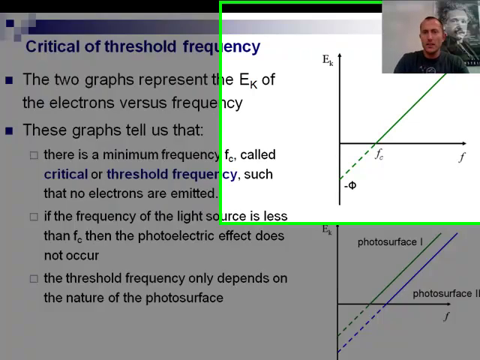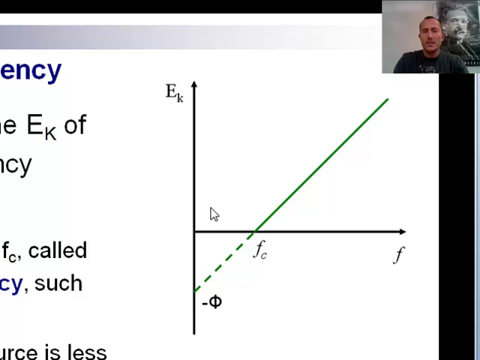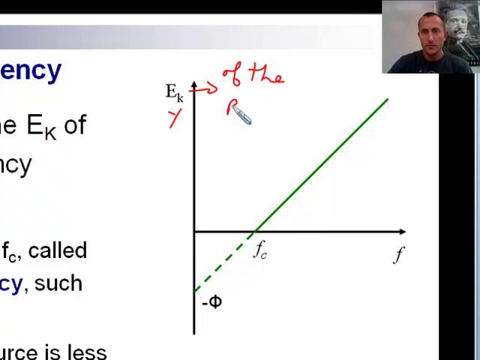And if we look at these graphs on the right, specifically this top one, we have a graph of kinetic energy versus frequency. And this kinetic energy on the y-axis is the kinetic energy of the photoelectrons. What you can see from the graph is there's a very direct relationship between frequency and kinetic energy. As the frequency goes up, so does the kinetic energy of the photoelectrons.